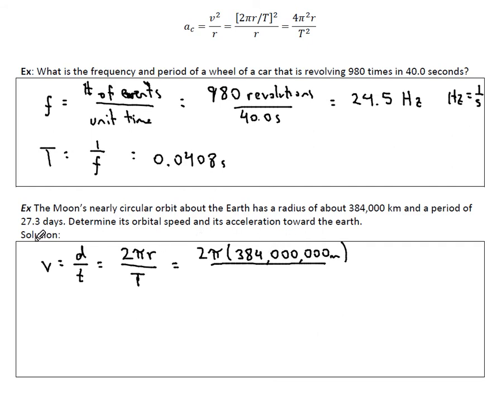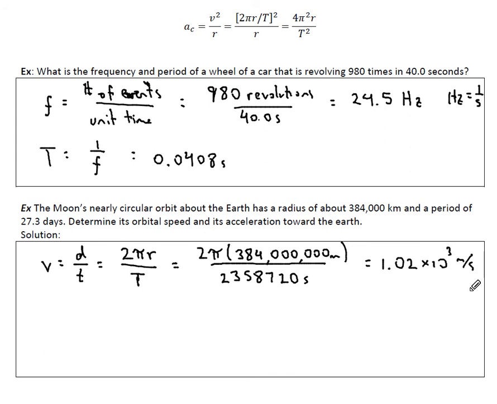For time, 27.3 days, but again we need SI units, so I'm going to take 27.3 times 24 hours in one day, times 3,600 seconds in each hour, so we get a time of 2,358,720 seconds. Divide those together and we get 1.02 times 10 to the 3 meters per second.